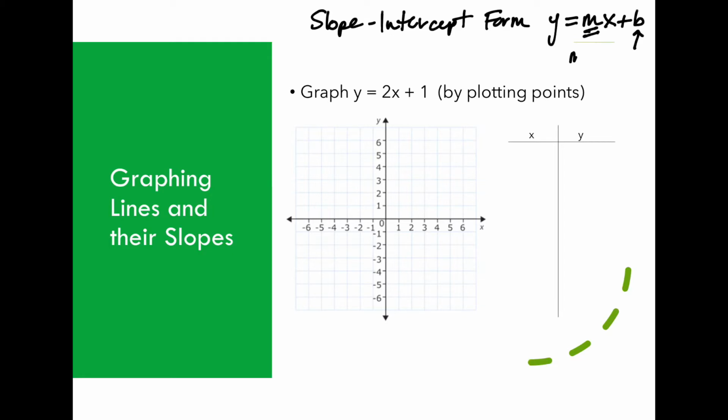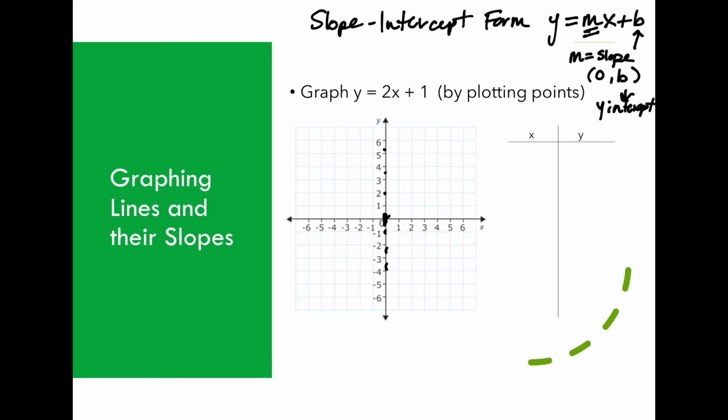So m is representative of our slope, and the way we can find it is it's always the number in front of x. And the y-intercept we write as (0, b) because the y-intercept is always located where x is equal to 0. So on my graph here, where x is equal to 0, the b would be the second number I would either go up or down to find.